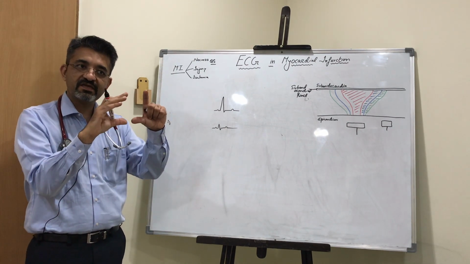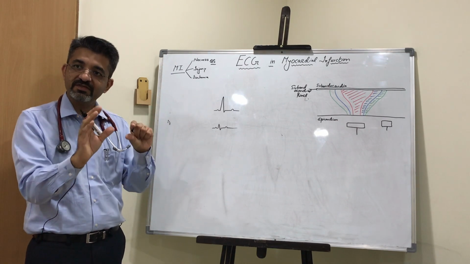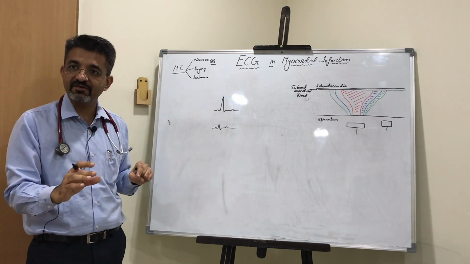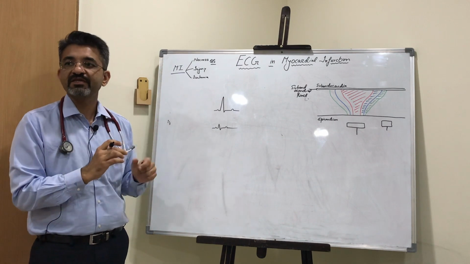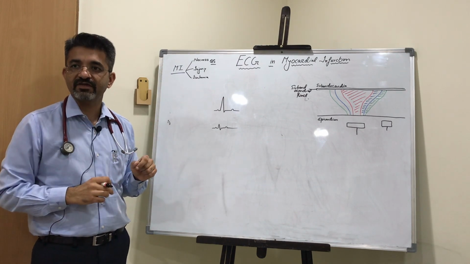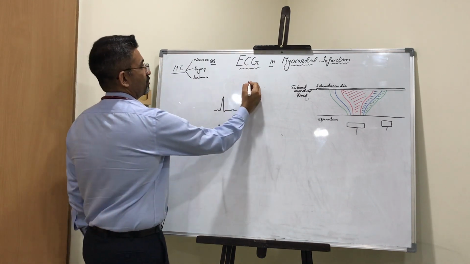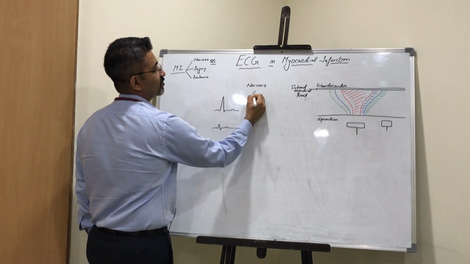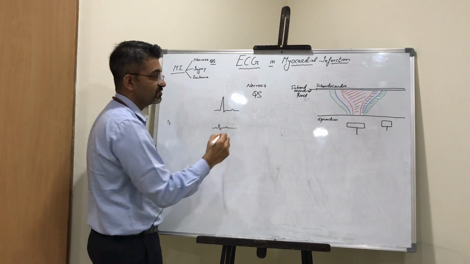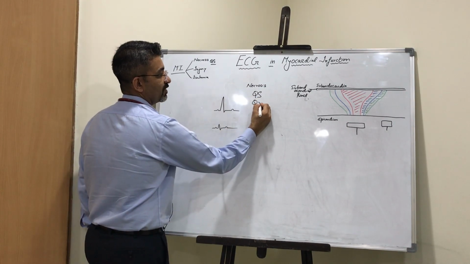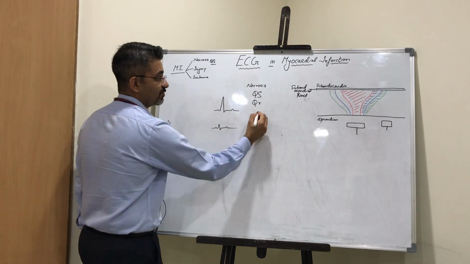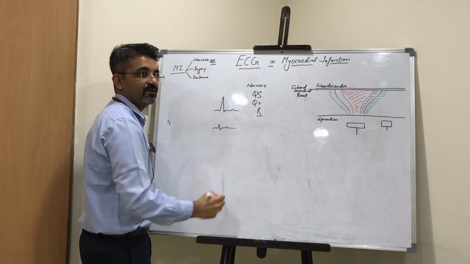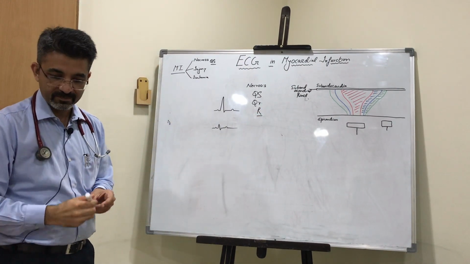If the V5, V6 R wave decreases in amplitude without evidence of Q wave, without evidence of T wave inversion, it should be taken as an ominous sign of development of myocardial infarction. So when I talk of necrosis, we are talking in terms of QS, which we understood, in terms of QR, which we understood, and in terms of R wave magnitude.